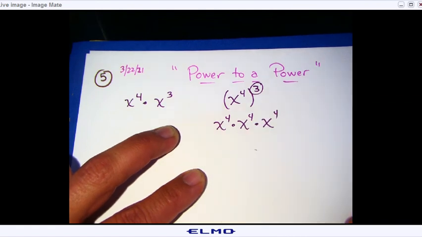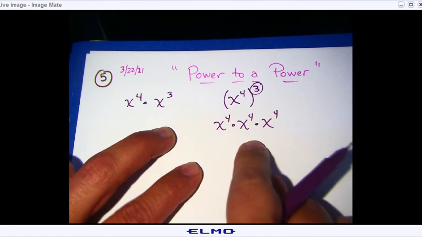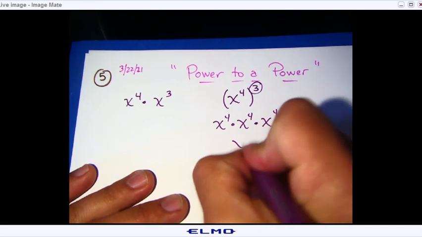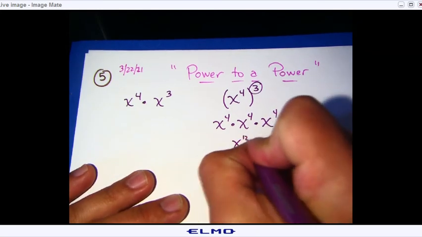See that? Now they're all lined across. How many x's are there? You just add them all up. So how many is that? What's 4 plus 4 plus 4? It's 12. Yes. x to the power of 12.